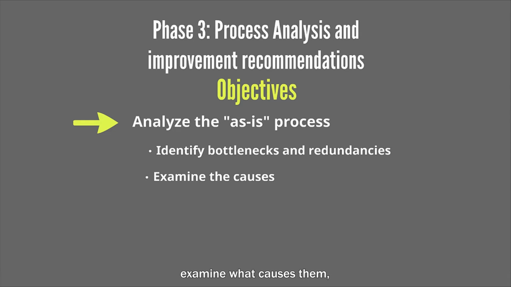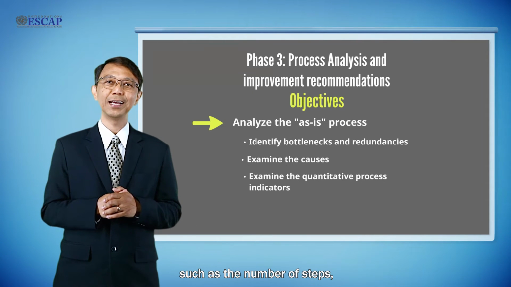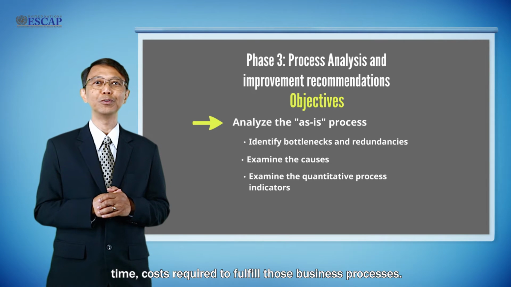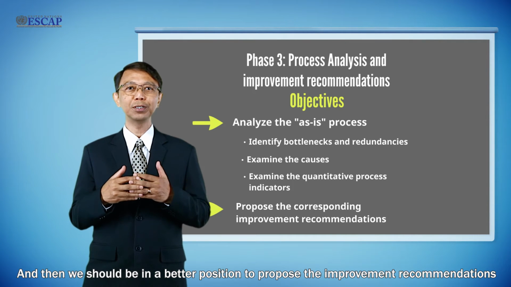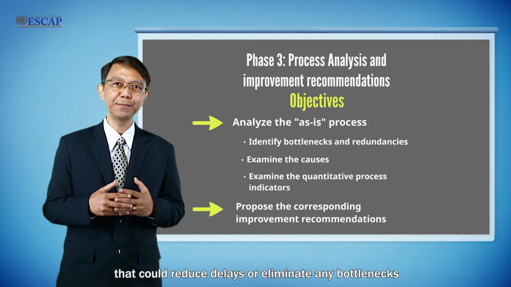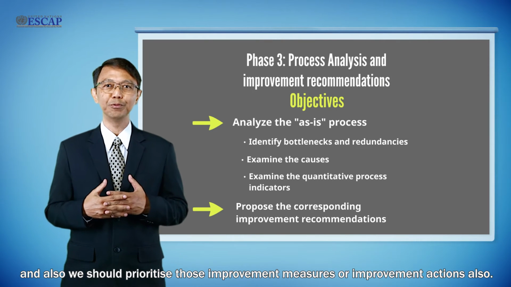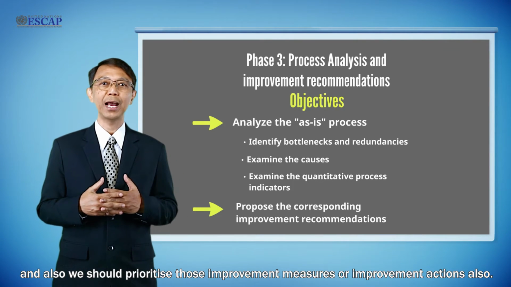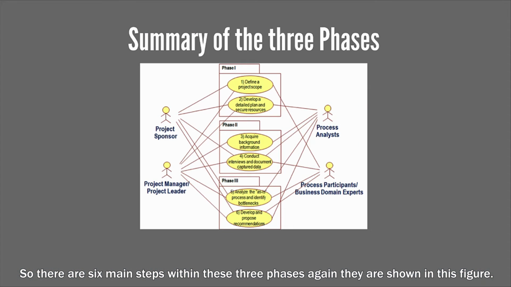Examine what causes them, and also examine any quantitative indicators that we do collect, such as the number of steps, time, and cost required to fulfill those business processes. And then we should be in a better position to propose the improvement recommendations that could reduce delays or eliminate any bottleneck, and also we should prioritize those improvement measures or improvement actions. So there are 6 main steps within these 3 phases. Again, they are shown in this figure.